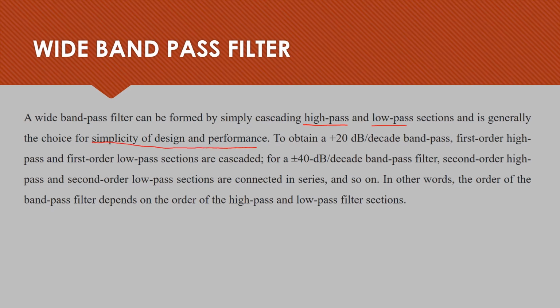To obtain a plus 20 dB per decade pass band, a first order high pass filter and first order low pass section are cascaded. For plus minus 40 dB per decade, second order sections are to be cascaded. In other words, the band pass filter depends on the order of the high pass.